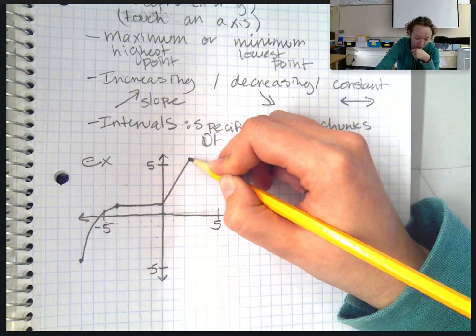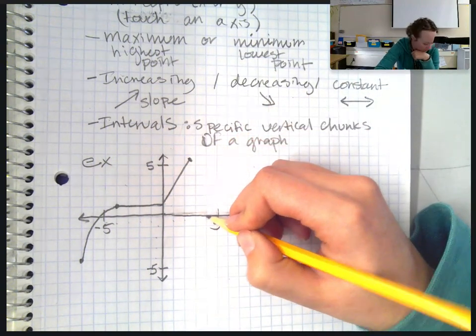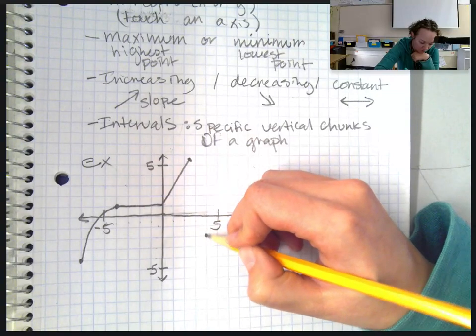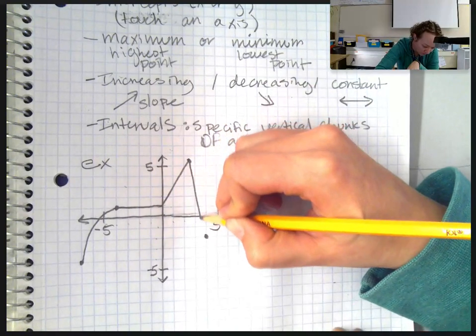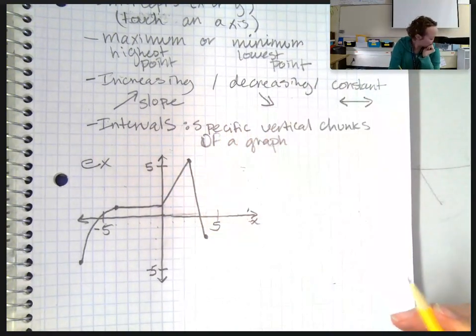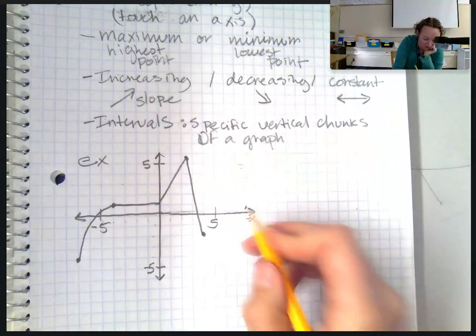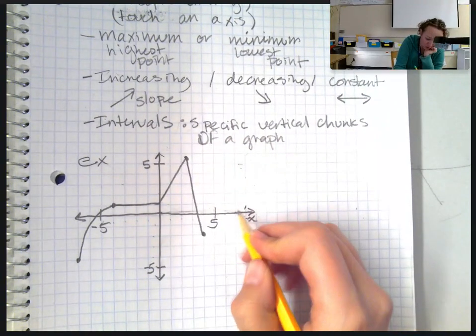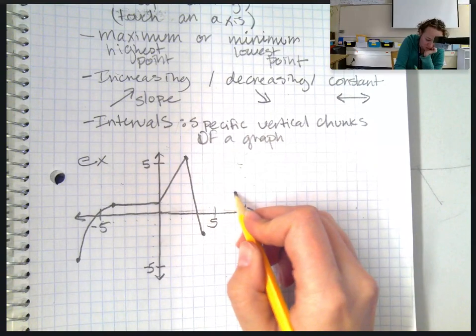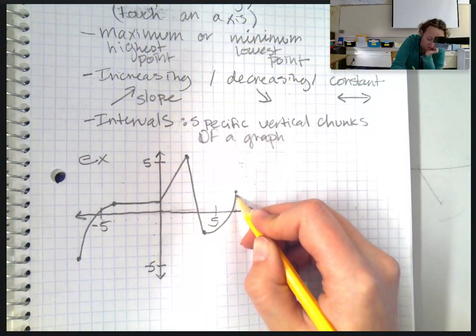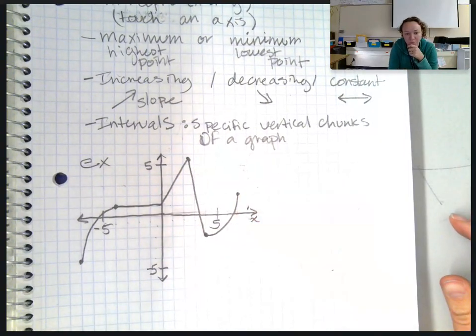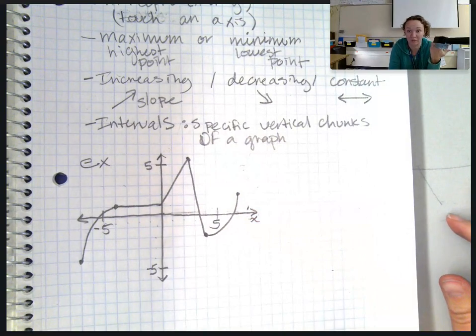And then let's go to 4, -2. Let's do a very steep decreasing interval to get down there. And then finally, let's go to 7, 2. And let's do a curved interval up to there. Okay, so this is all one graph.